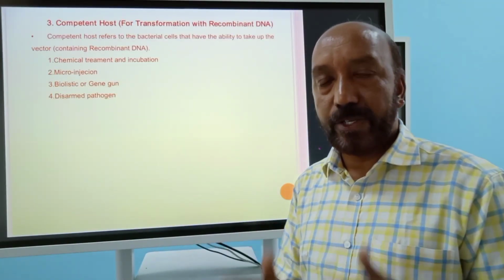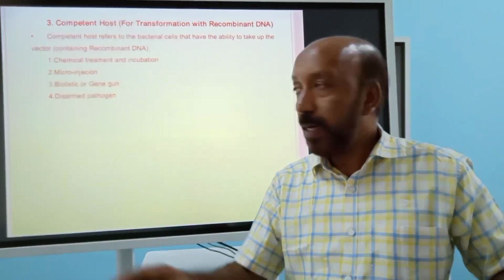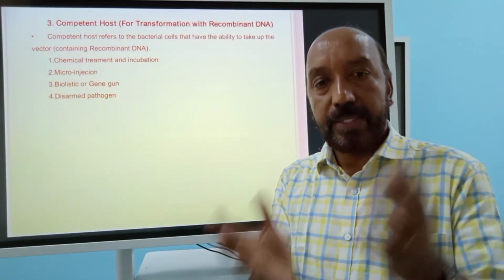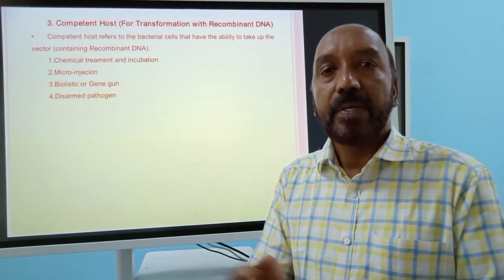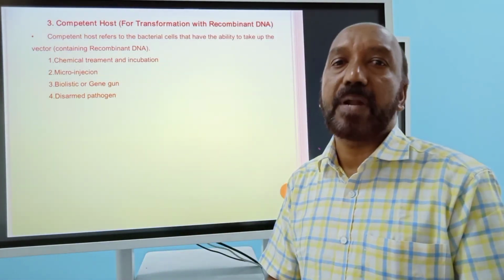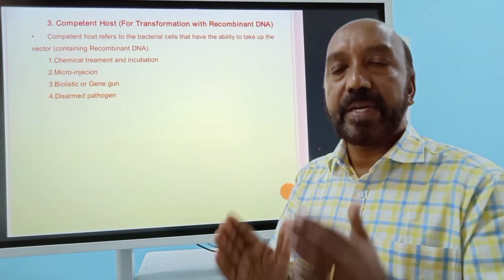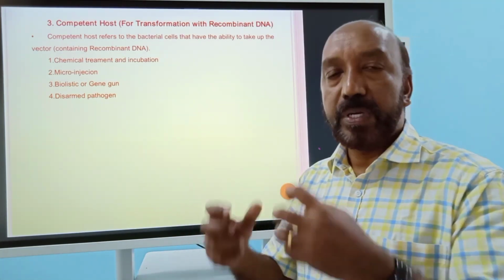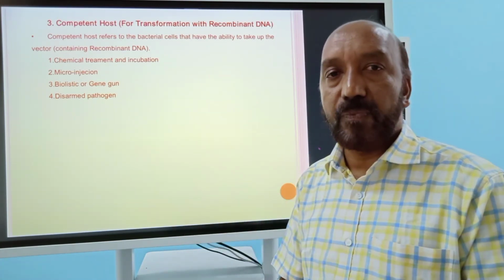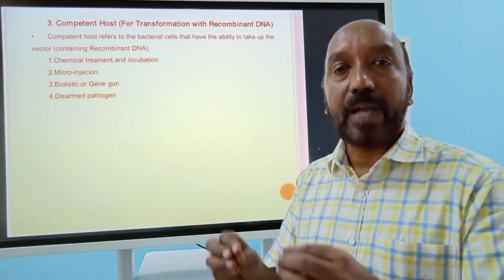All these techniques are used in different organisms. In the case of chemical treatment and incubation, we take the rDNA in the medium in which we are introducing the bacteria or the organism which does not have the plasmid, and we make them take it up. How is it possible? We treat the solution with a divalent cation like calcium.